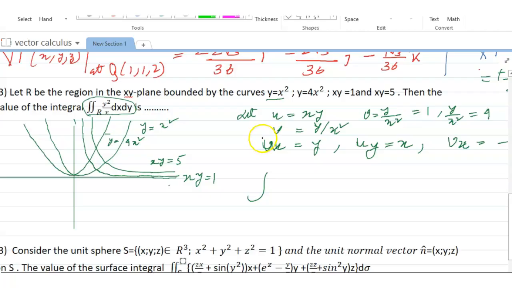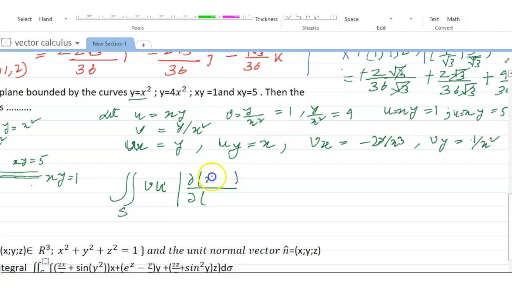Now we want to solve that problem. The integral over S of uv into del uv divided by del xy, into du into dv.